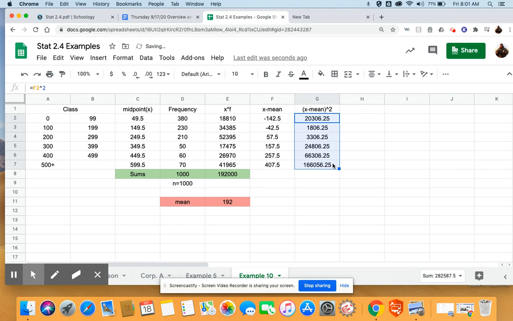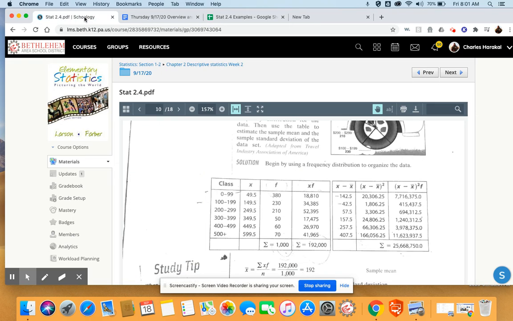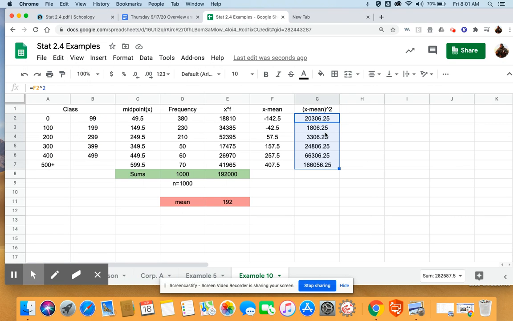Now, this next column is where we are a little bit different on a frequency distribution than when we do the calculations for a regular standard deviation. The next column in this list is x minus the mean squared times f. And the reason we have that is that these are the deviations.